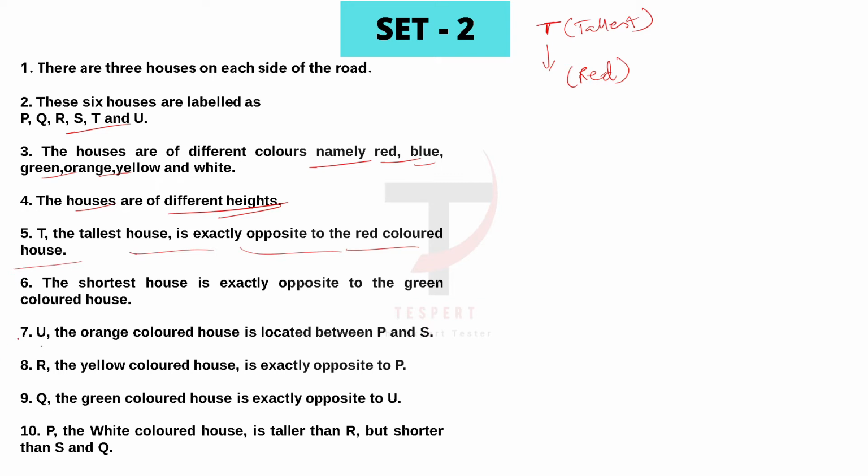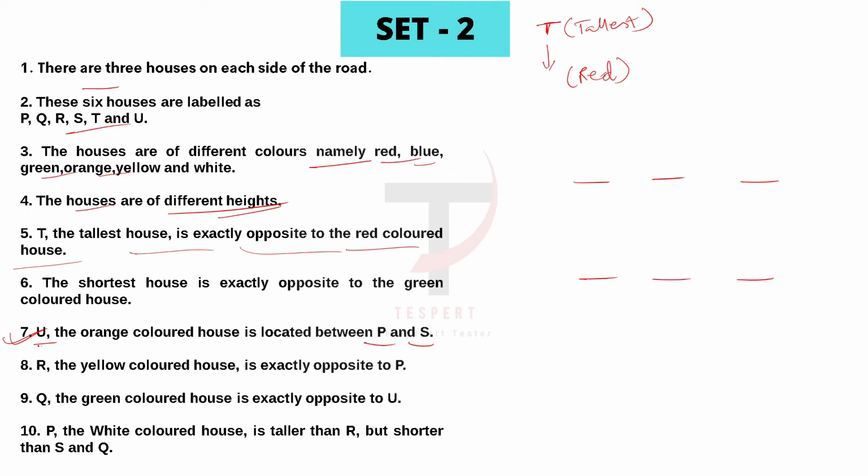So U, the orange colored house, is located between P and S, which means U, P and S, these three must be on the same side. There are 6 houses, and on each side there are 3 houses, which means 1, 2, 3 and 1, 2, 3. Alright.